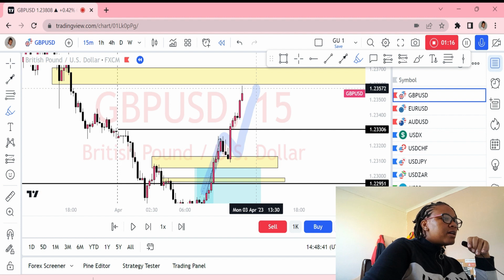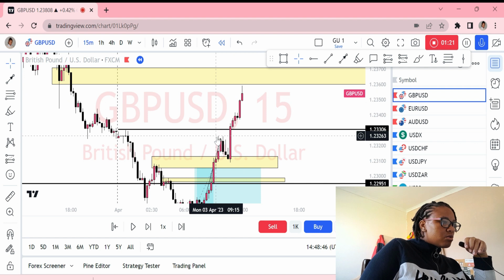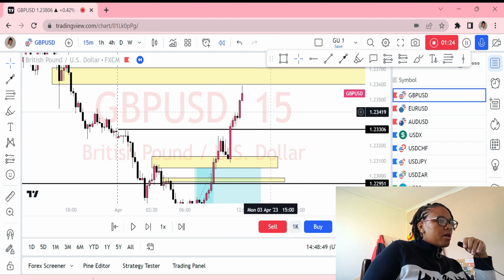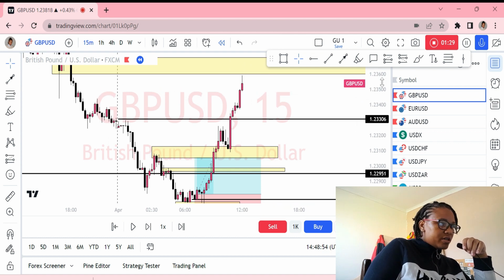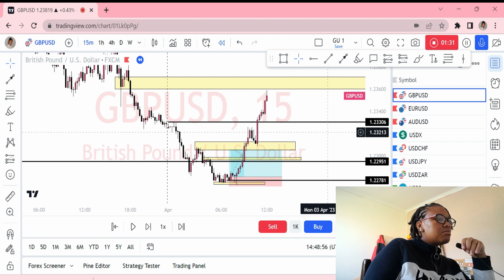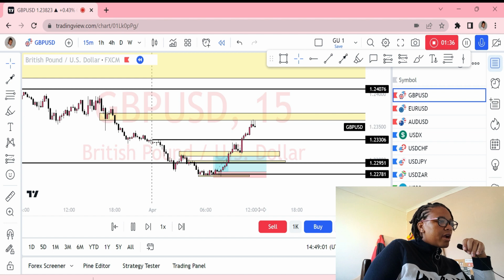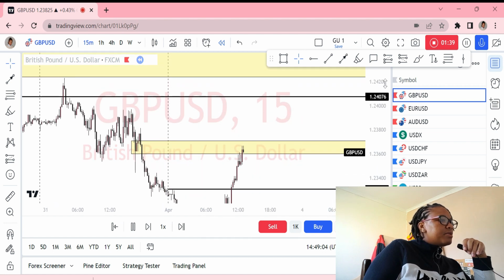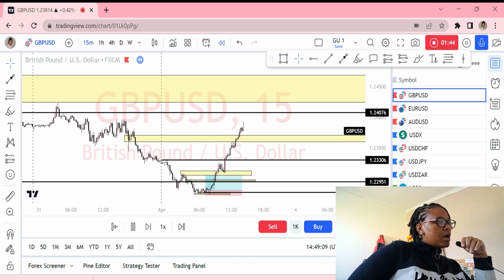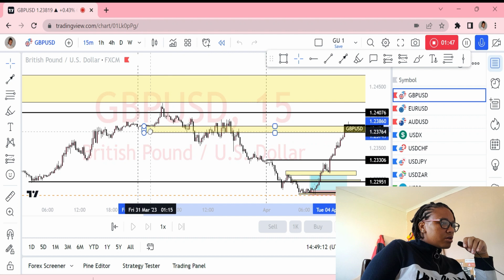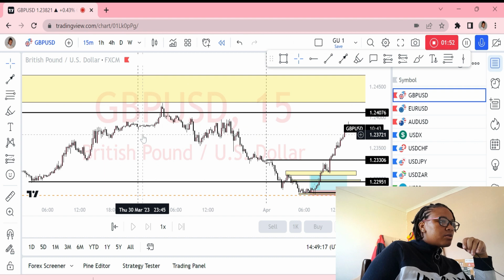I didn't take that because I was out at the mall, and I hadn't really prepared for that trade. It was one of the things that I had anticipated the market doing, but not this early. And then the market just carried on going. It went beyond my take profit area, guys. This is where the market is right now.